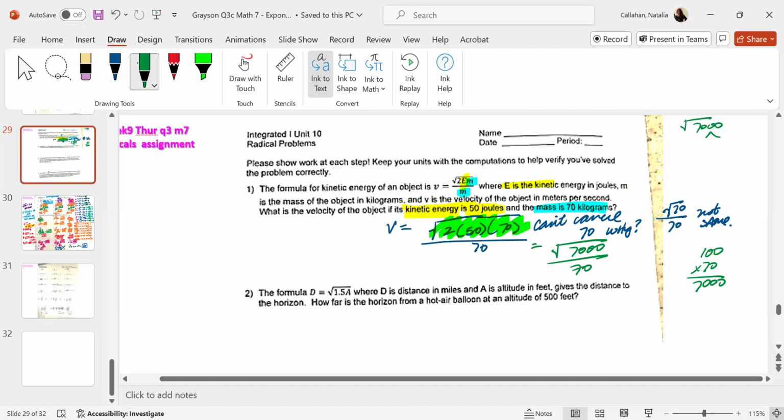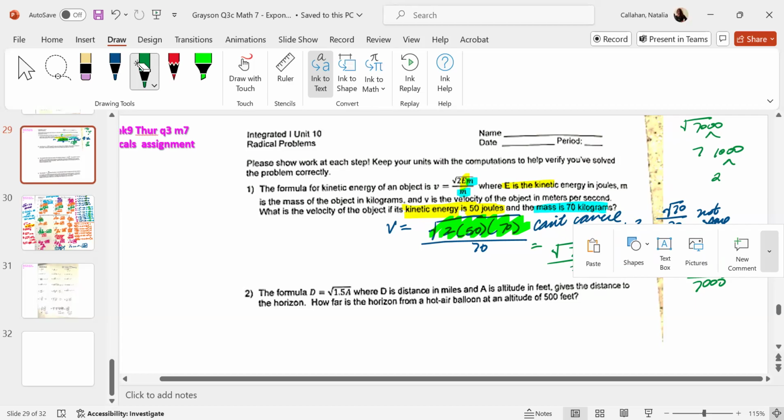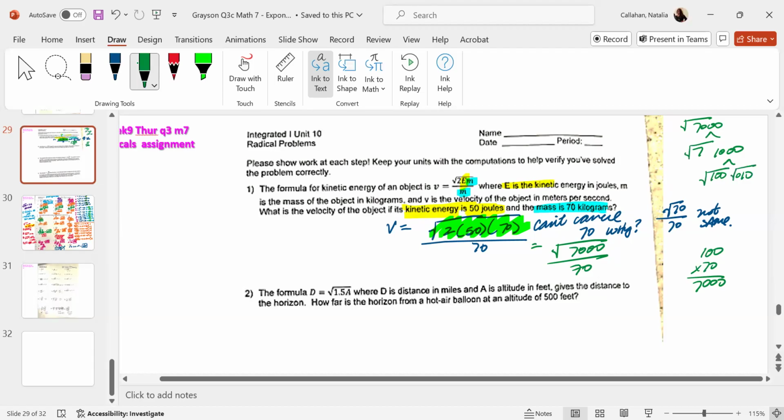What times what gives me 7,000? 7 times 1,000, right? 1,000 is going to be 100, that's a perfect square, times 10, correct? So just remember, this is all in square roots. So then you know that this becomes a 10. So it's 10 square root 70. Does that make sense? Okay.